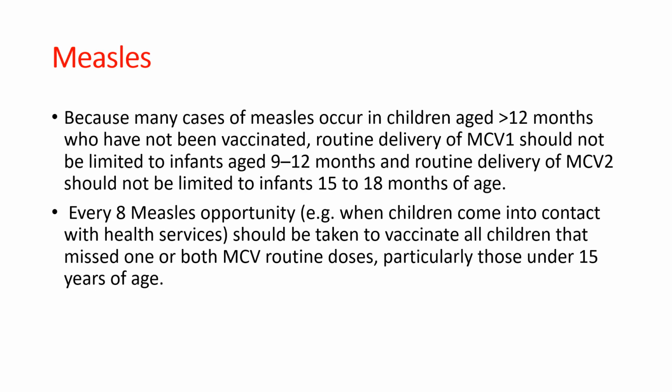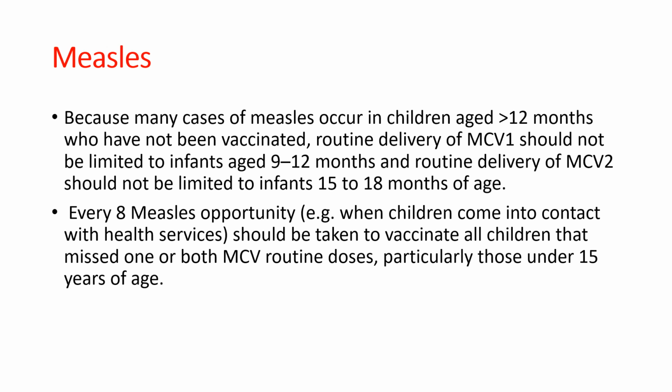In case of measles vaccination, because many cases of measles occur in children aged more than 12 months who have not been vaccinated, routine delivery of measles containing vaccine first dose should not be limited to infants aged 9 to 12 months, and routine delivery of measles containing vaccine 2 should not be limited to infants 15 to 18 months of age. Remember, MCV stands for measles containing vaccine.